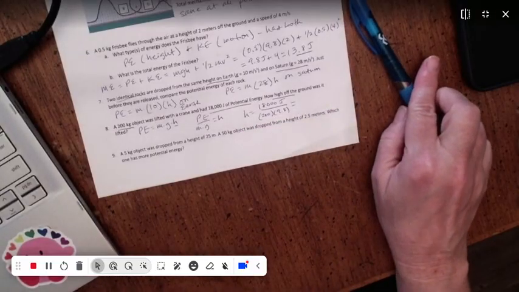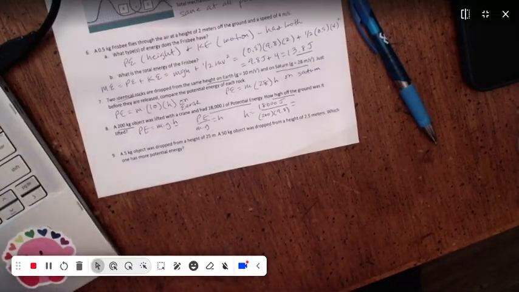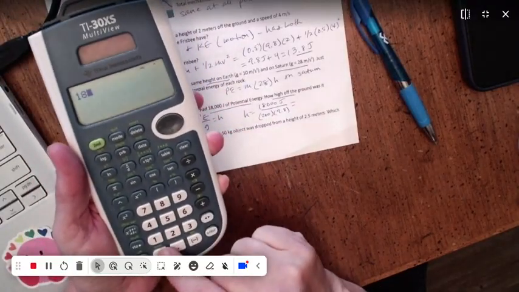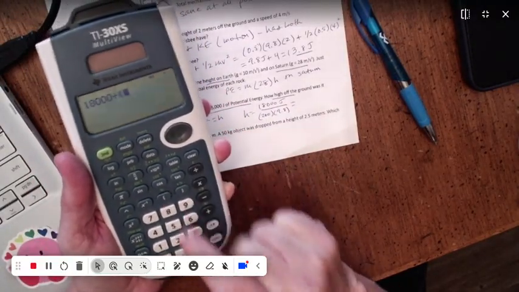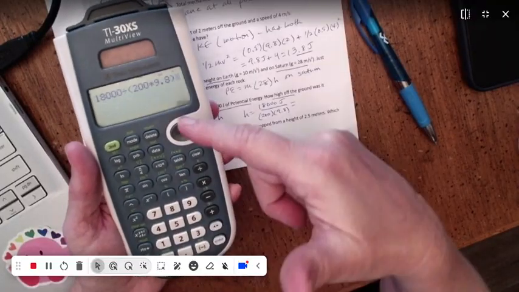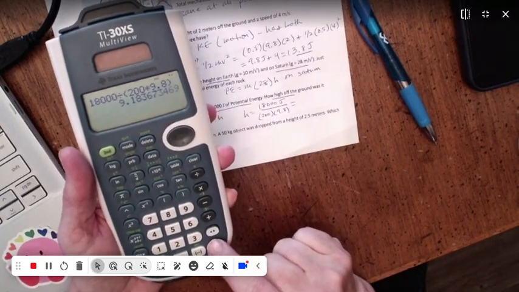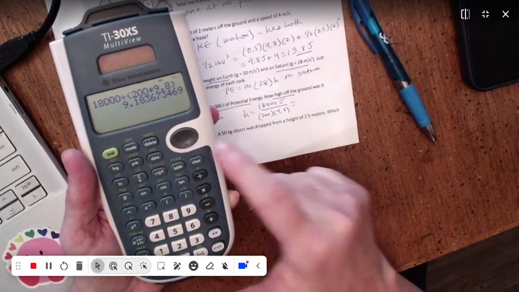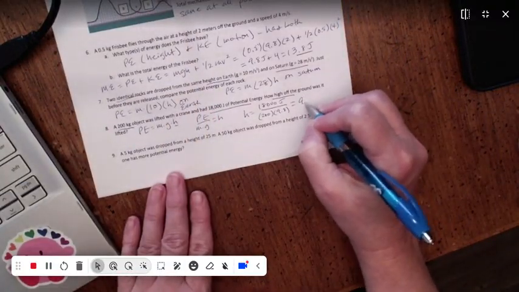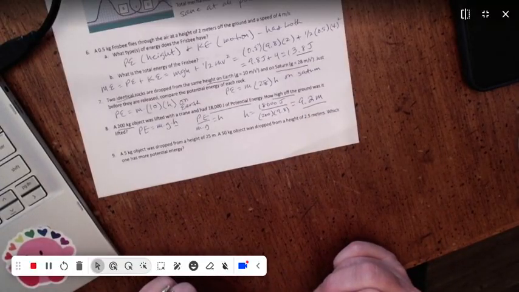That's 18,000 divided by 200 times 9.8. Remember, if I'm doing this all together in my calculator, you gotta use parentheses, so just be careful with that. 9.2 meters. That's going to come out in meters. So that's how high the object was lifted.